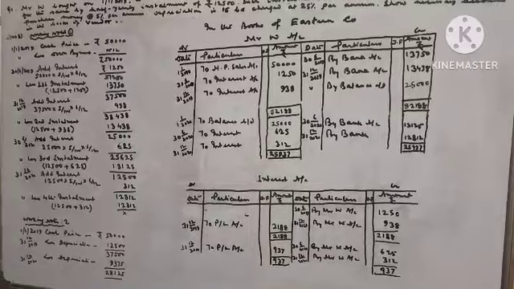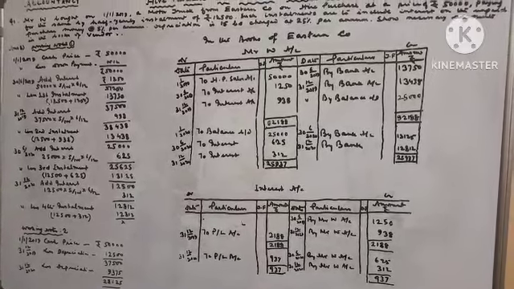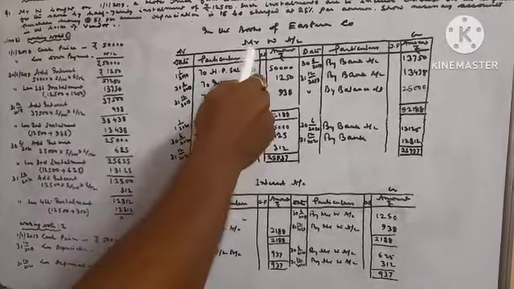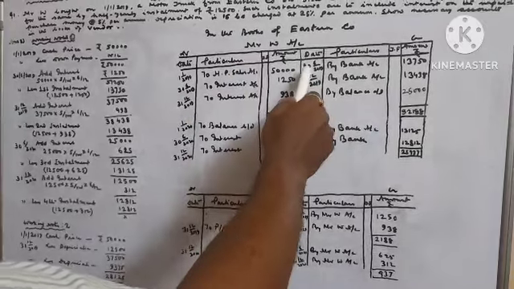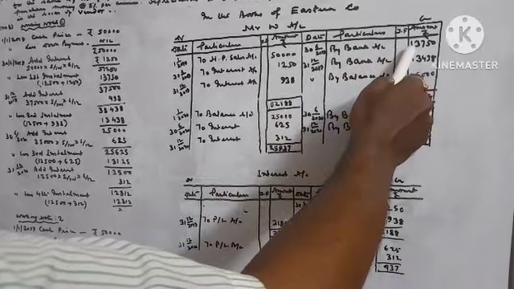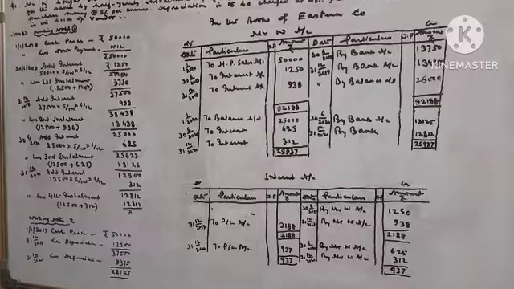Now for the installment including interest received at the end of the year, the accounting entry will be bank account debit to buyer account. So here it will be bank account debit to Mr. W. So on 30/6/2019 by bank, the amount of installment including interest paid is 13,750.